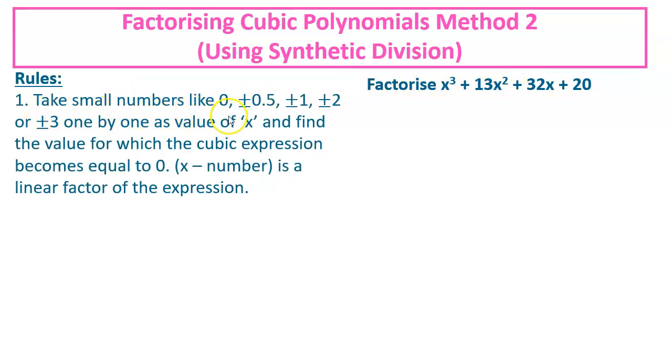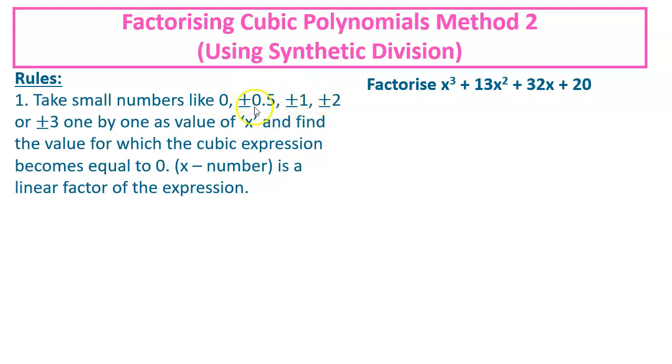Okay. So now let us go to the rules part. Take small numbers like 0, plus minus half, plus minus 1, plus minus 2, or at the most plus minus 3, one by one as the value of x and find the value for which the cubic expression becomes equal to 0. Now, I myself don't go for plus minus half. First of all, I start with 0 and then move on to plus minus 1.